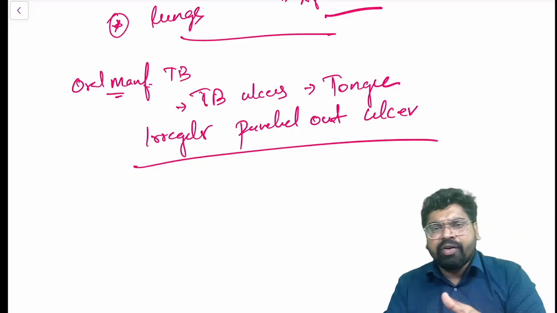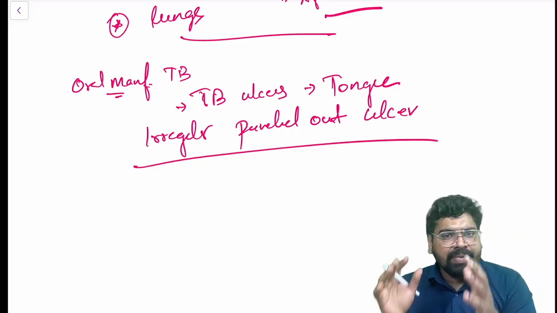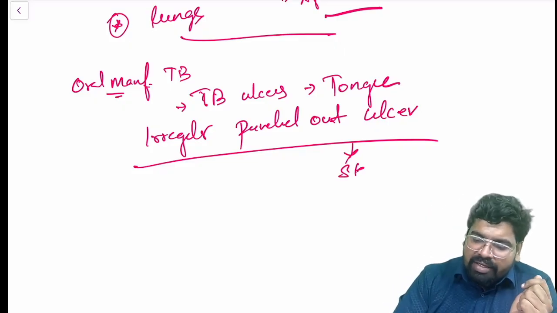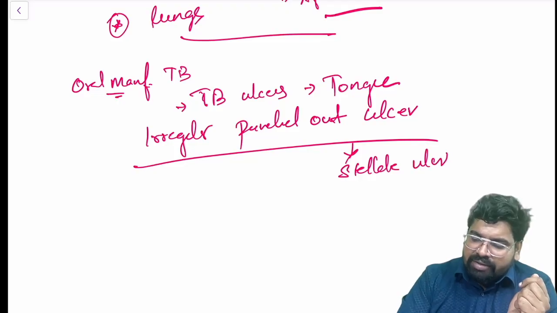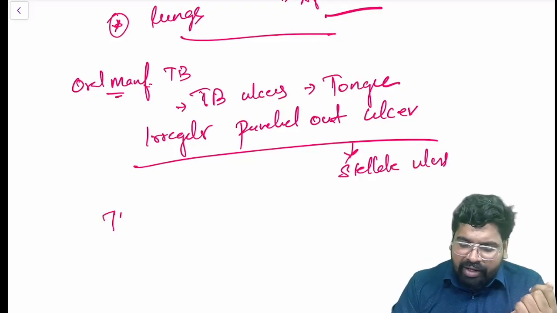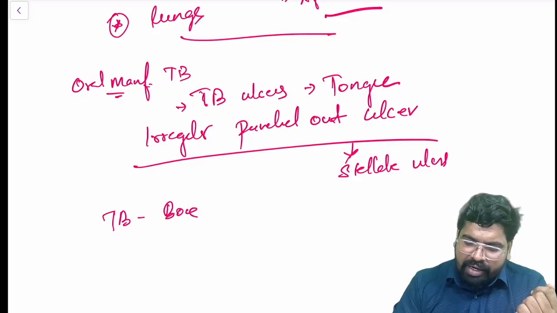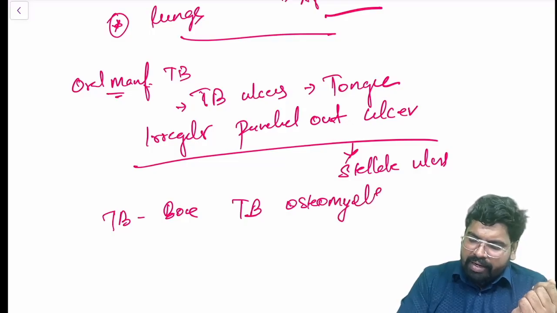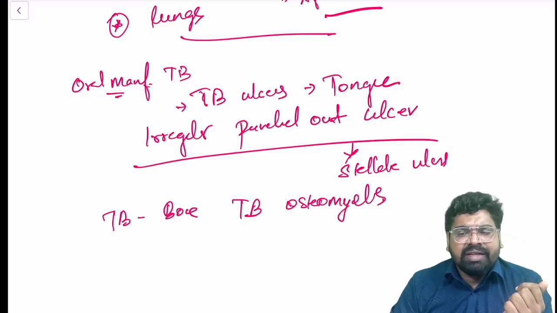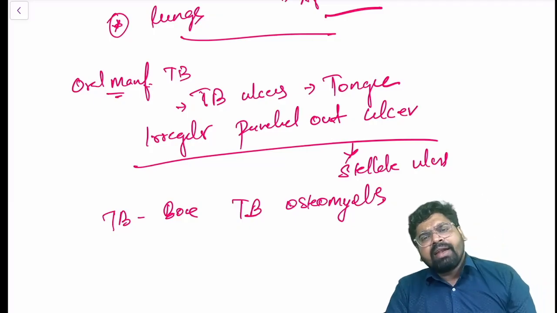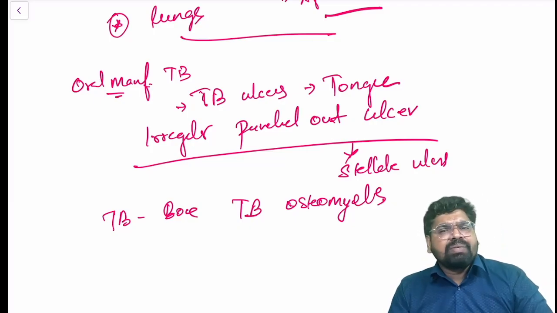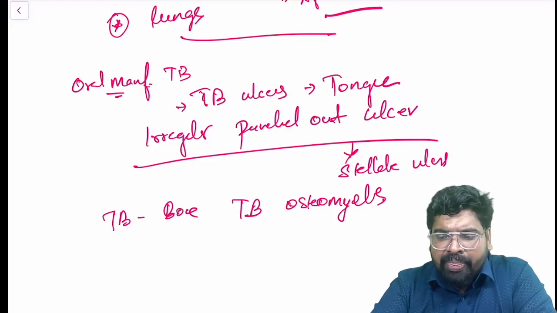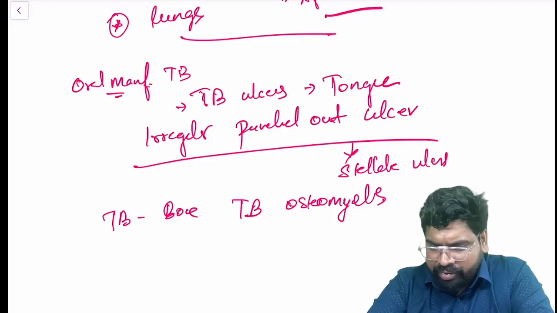That is a peculiarity of this TB ulcer. They have another name, stellate ulcers. TB affecting the bone is called TB osteomyelitis. These are certain features about TB, and you don't require much detail about this. I think you are seeing it in your micro also.